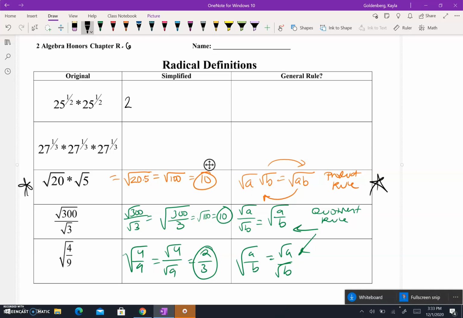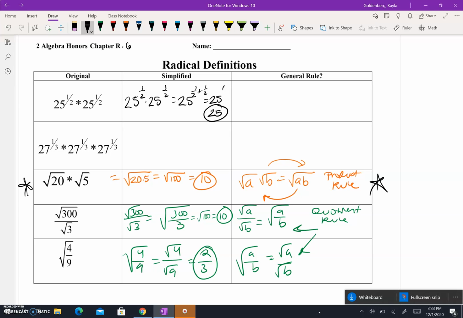So if I take 25 to the 1/2 times 25 to the 1/2, now my exponent rules say that if I have the same base raised to a power, I can add the exponents. So I could say that that's 25 to the 1/2 plus 1/2, which is 25 to the first power. And that's just 25.